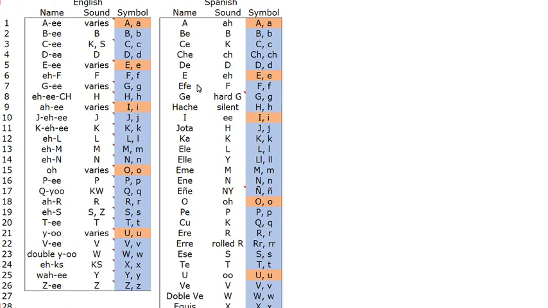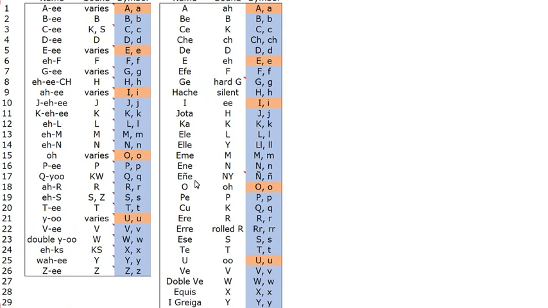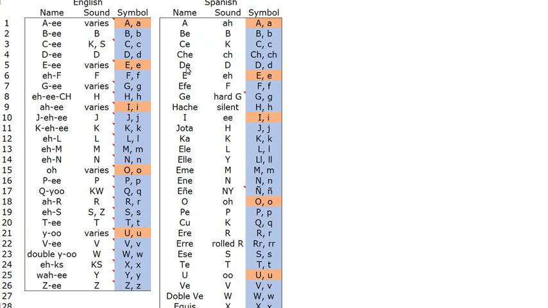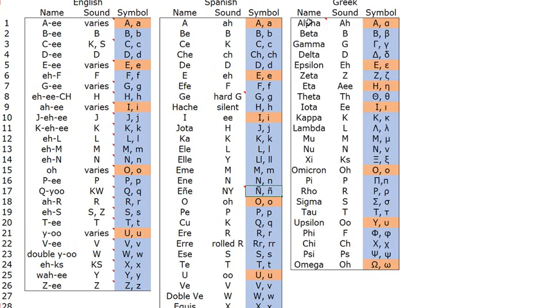In Spanish, most of the names of the letters are just sounds, but there is W for double V, or X or Y griega, but for the most part, they're just simply the sounds that are made by that letter. Greek, on the other hand, has names for the letters, and the names of those letters are actual words in the Greek language.